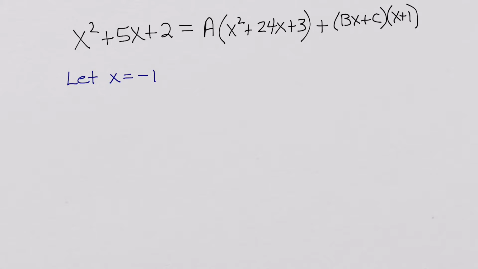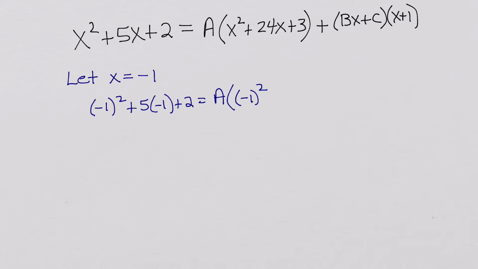Well, now I have -1 squared plus 5 times -1 plus 2 on the left, and on the right I have a times the quantity -1 in parentheses squared on the outside.